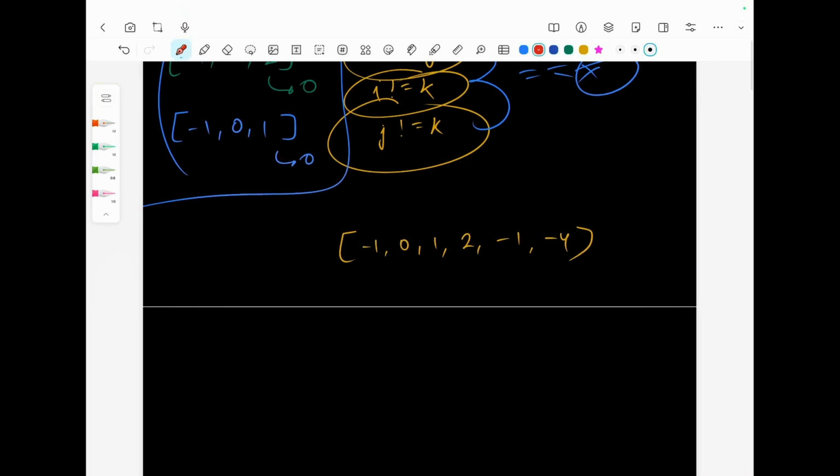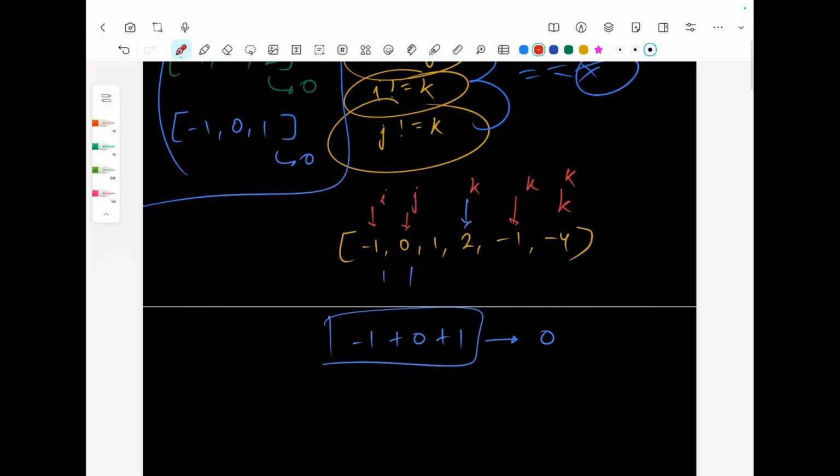Our i will be here, j will be here and k will be here. If my i and j are here, then my k will move to find the third value. So we were able to get our first answer. Similarly my k will move again, then again. Means at every iteration we are trying all the possible values which will give us a sum of 0.